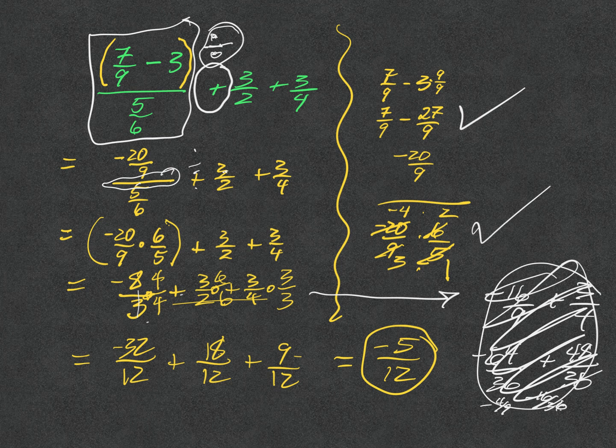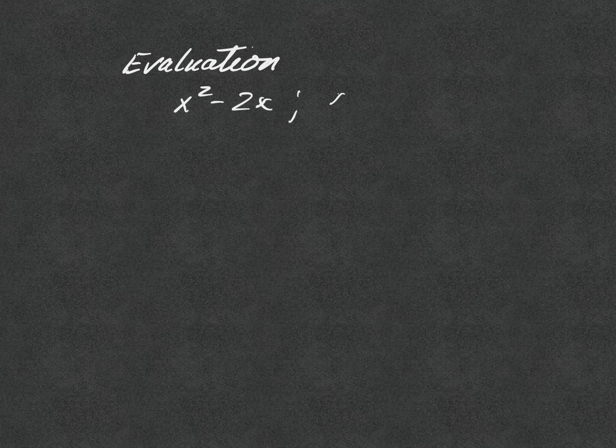All right. There are two other problems I just noticed. They do some evaluation problems in this assignment. So they give you something like x squared minus 2x, and then they tell you x equals 6.